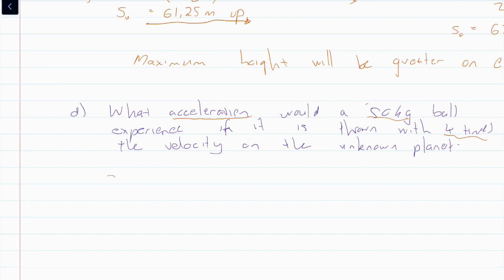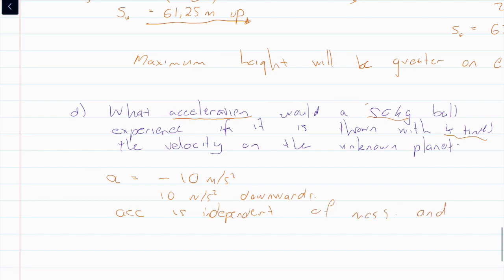So the acceleration would be equal to minus 10 meters per second squared, or 10 meters per second squared downwards, because it is independent of mass and velocity. The acceleration is dependent only on the properties of that planet, right?